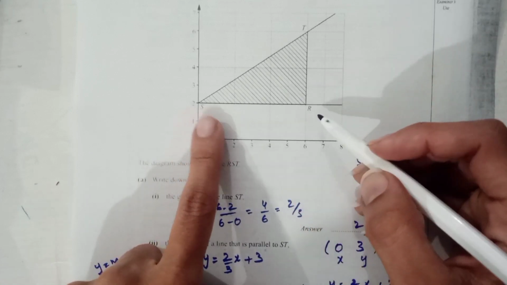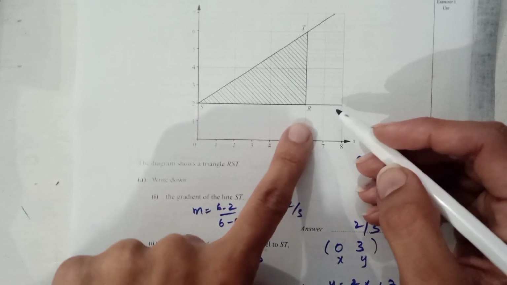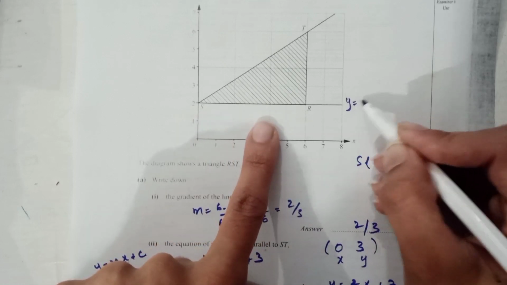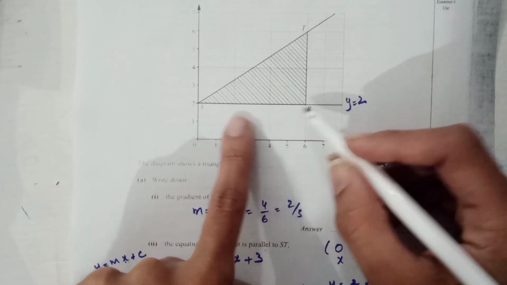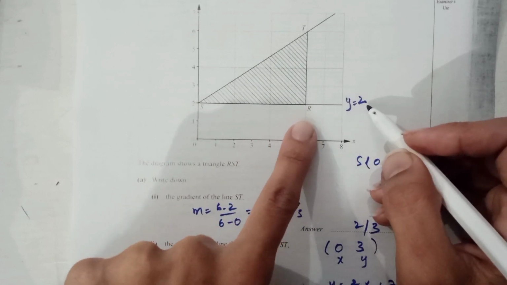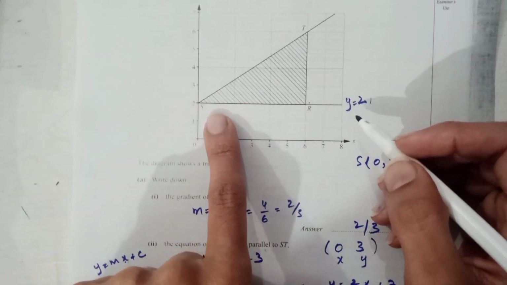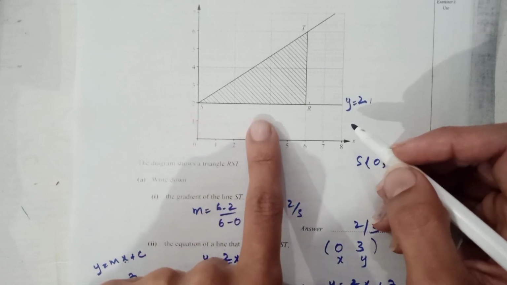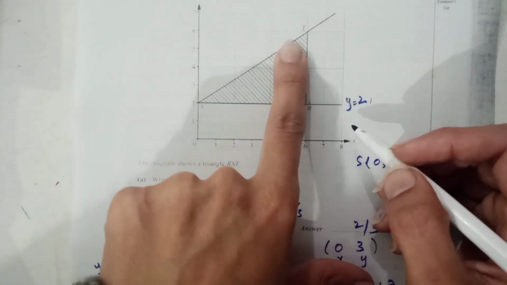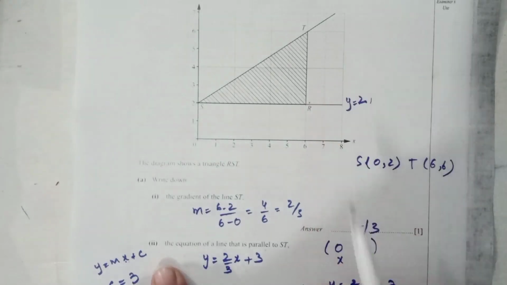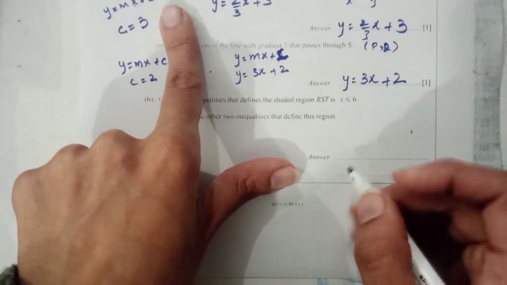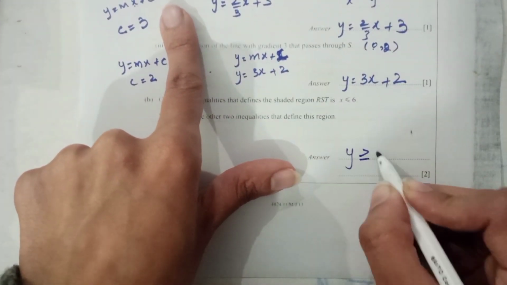Now, according to the line SR, the line is y is equal to 2. You know that that is the lowest point, and all the points lie above it in this region. That's why we write this inequality: y is greater than or equal to 2.